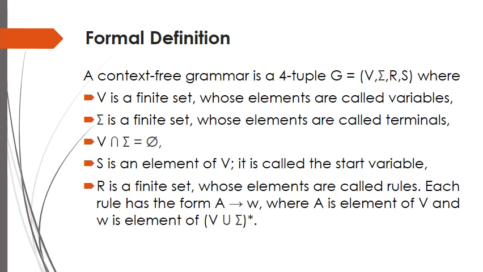Don't be surprised to see that it's not mandatory in other notes. S is an element of V. It is called the start variable. R is a finite set whose elements are called rules. Each rule has the form A goes to w, where A is an element of V and w is an element of (V union Σ) star.